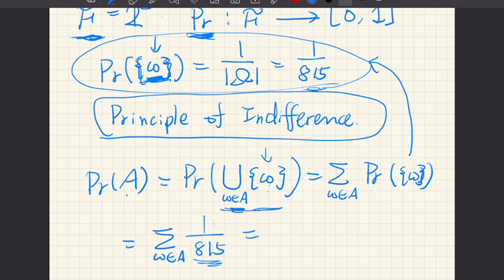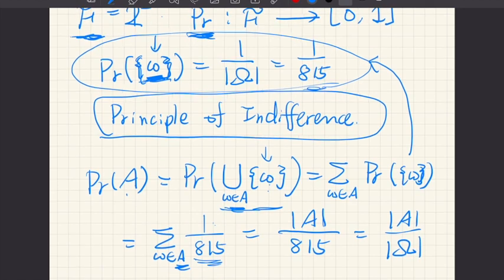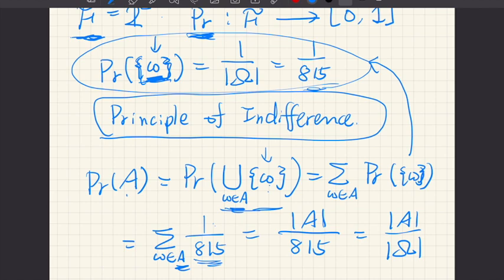So we just count the number of elements in A. Then we get the probability of event A as this. Well, which is actually better to write like this. So we can calculate the probability for any events.